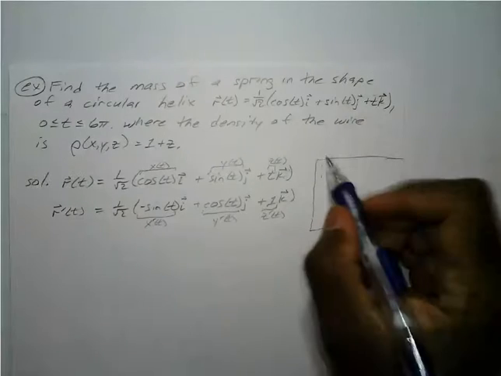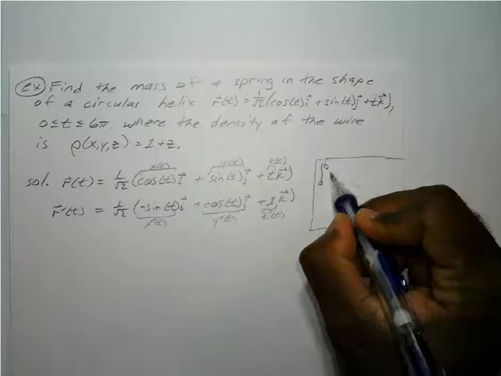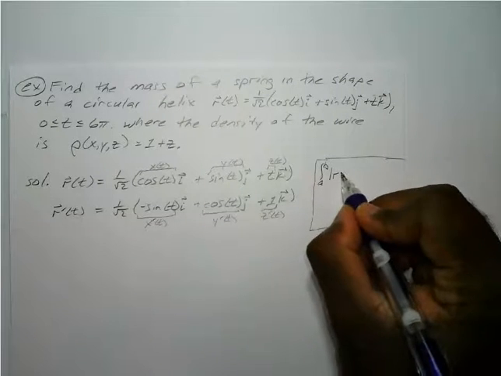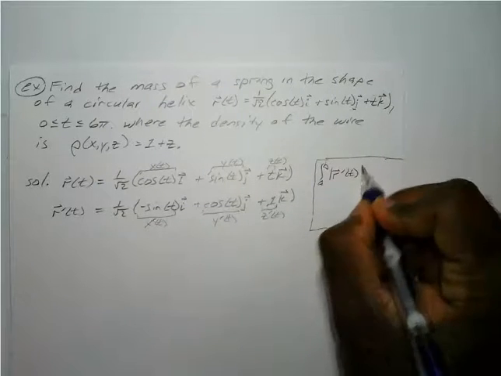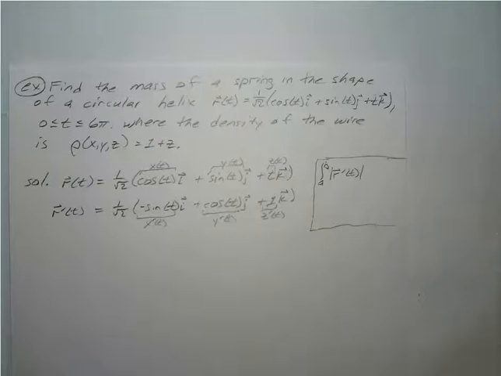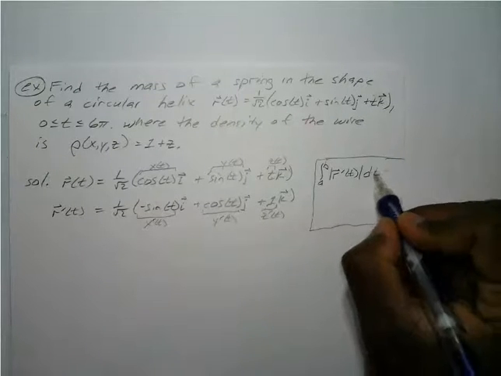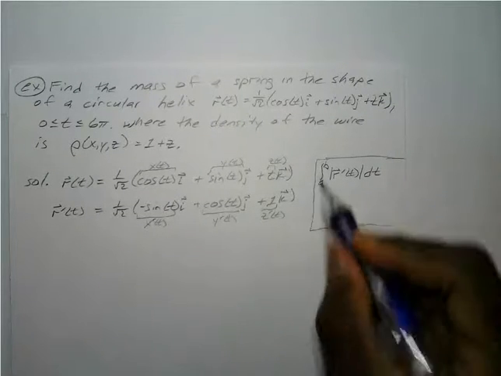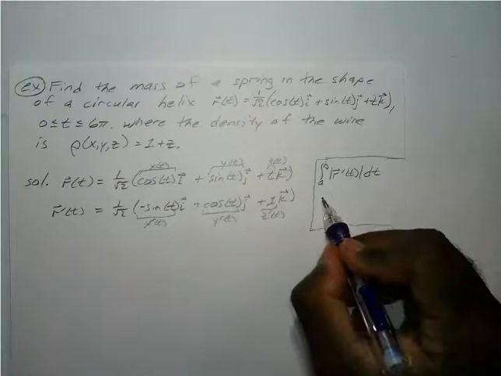The integral from a to b of the magnitude of your vector valued function with respect to t, this is your length of the curve.